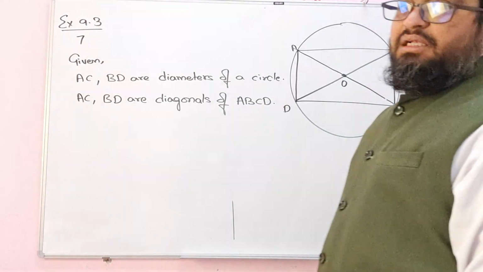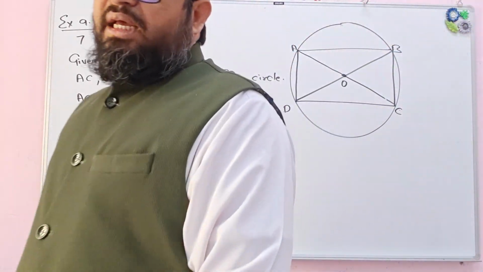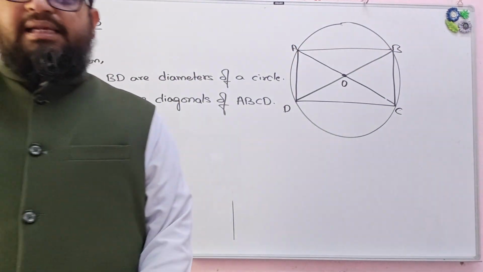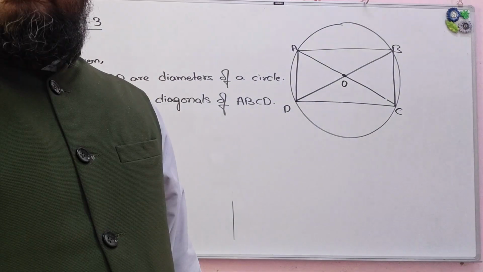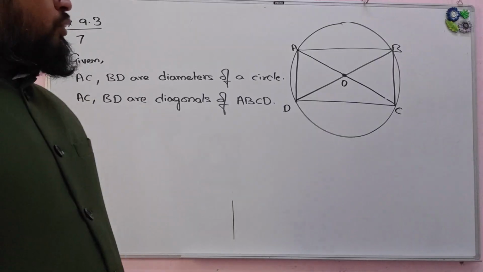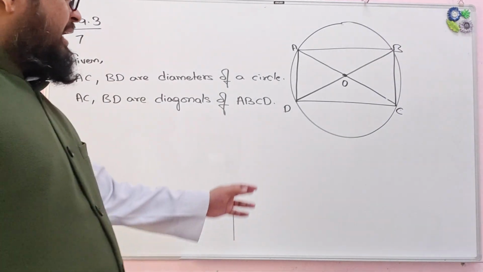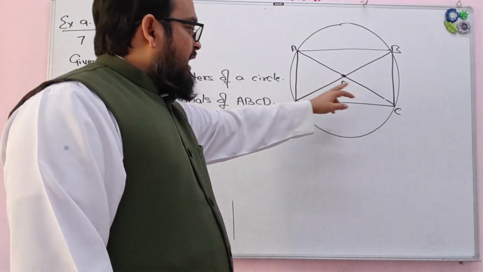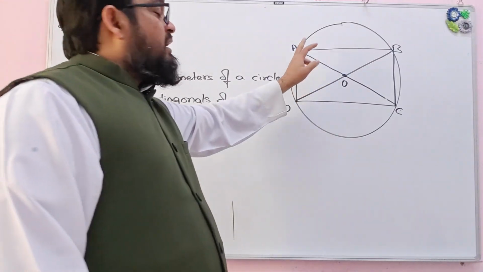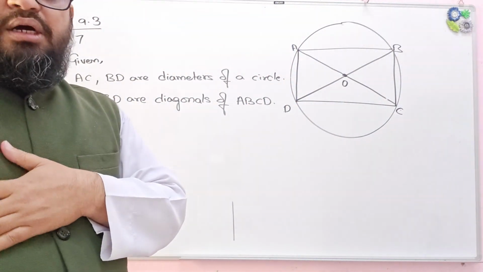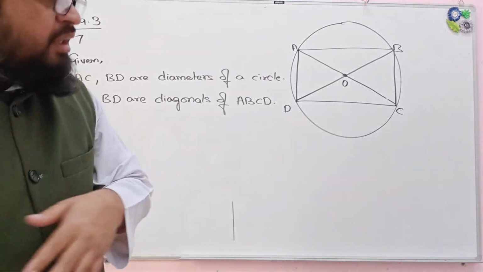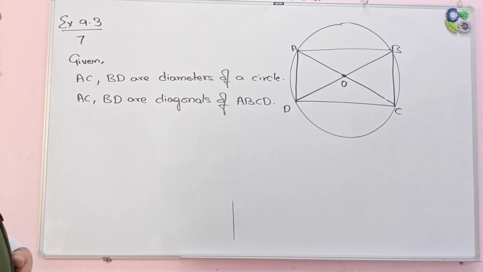If all the angles are 90 degrees, we can say that it is a rectangle. Am I right? So if we can prove that the angles are 90 degrees, 90 degrees, 90 degrees and 90 degrees, then we can say that it is a rectangle.